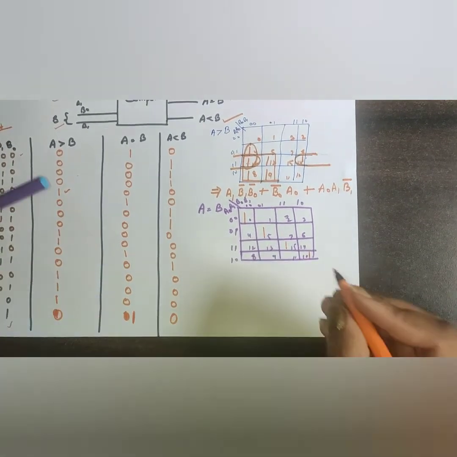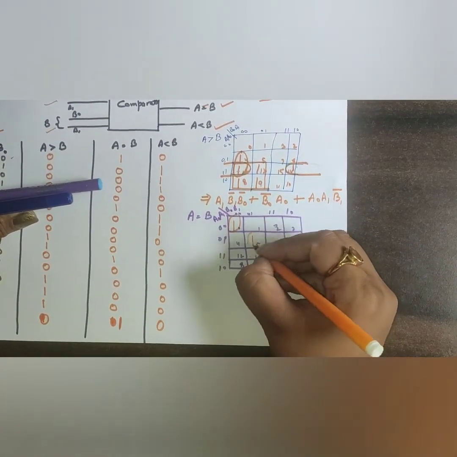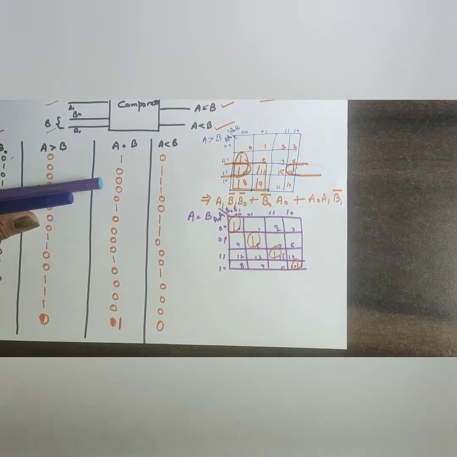So here 15. We have a diagonal, it cannot be grouped by itself.